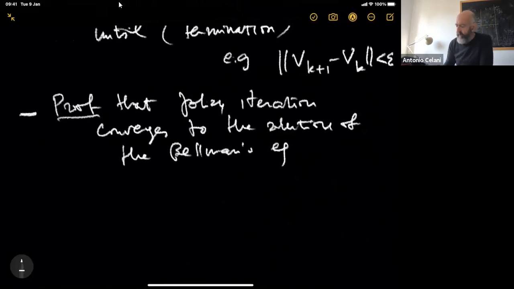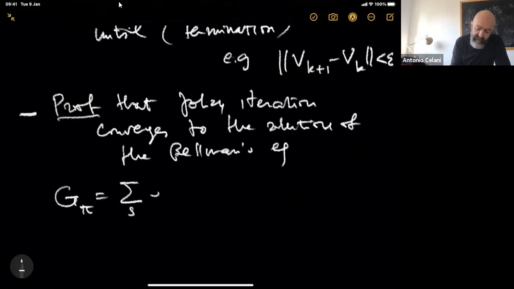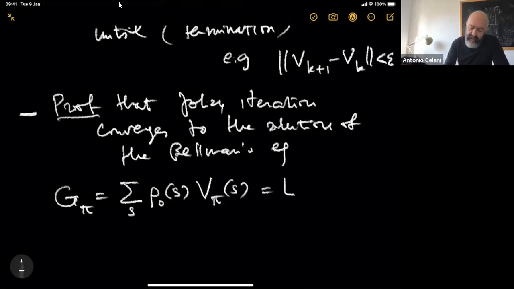So the proof goes as follows. So remember that for any given policy, my objective function can be written in terms of the value function as the distribution of initial states times the values from those states. This is just another way of writing the expectation of the sum over t from 0 to infinity of gamma t.